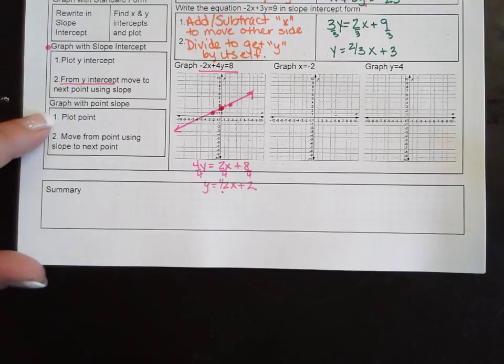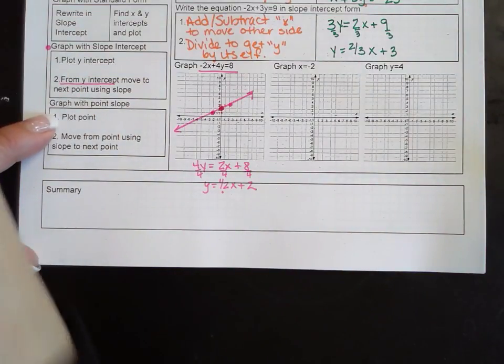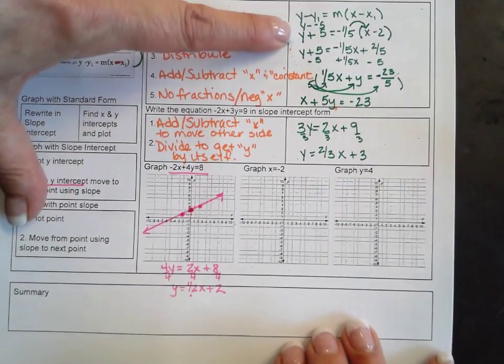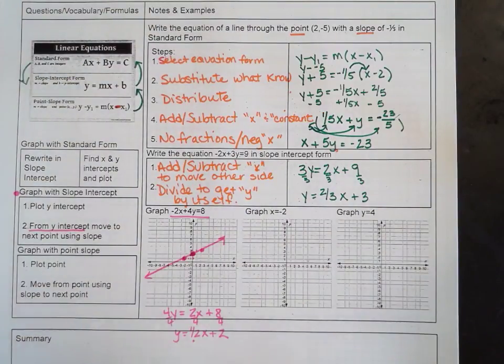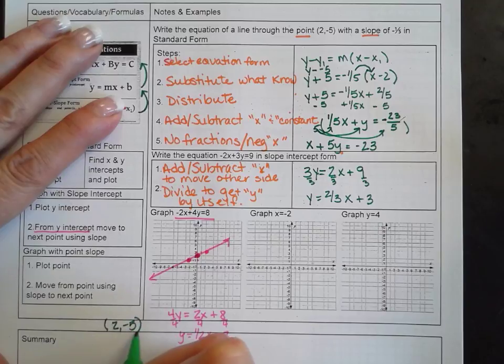Okay? If you're plotting with point slope, all right, so let's do our equation from up above. I had the point of 2, -5 with a slope of -1/5.